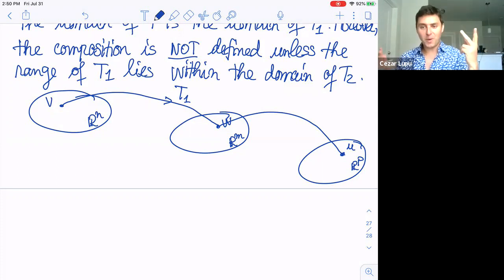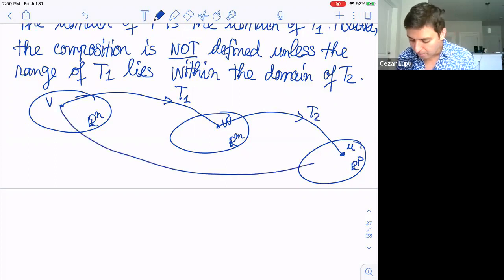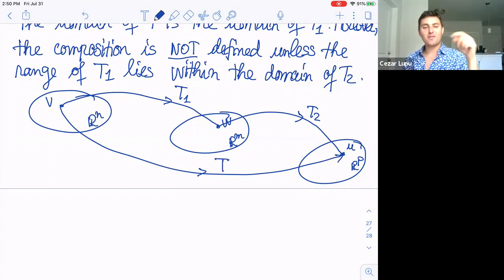But I can do it 2 ways. So, okay, this is T2. And now I can go directly, like this. This is just T. So instead of having layovers, landing on the second island through the first plane, and then taking the second flight to go from the second island to the third island, I can just go directly.